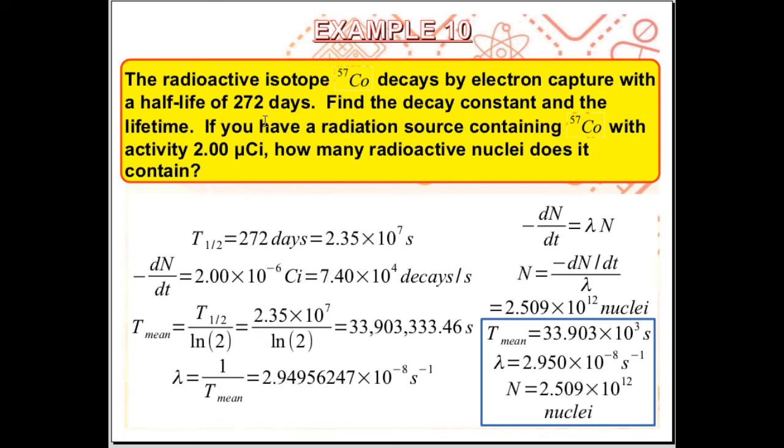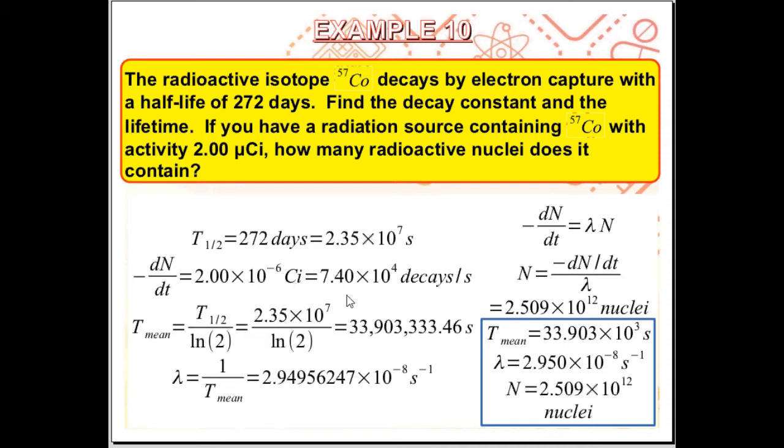So given half-life, T 1/2, 272 days, or 2.35 times 10 to the 7 power seconds. The decay rate or the activity is given at 2.00 microcurie or 2.00 times 10 to the negative 6 curie.